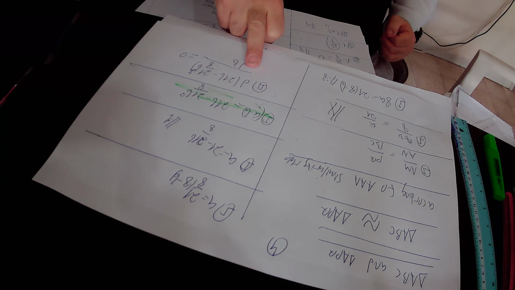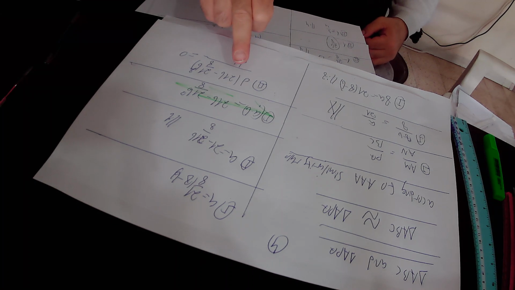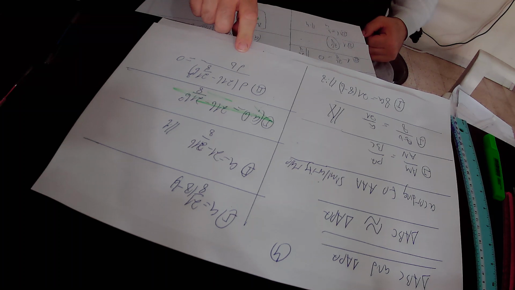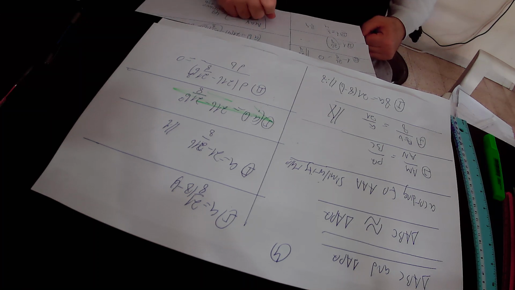Here D is the notation for derivative. The derivative of this function area, 21B minus 21 over 8 times B squared, is taken with respect to the independent variable B, and then we equate the derivative to 0.